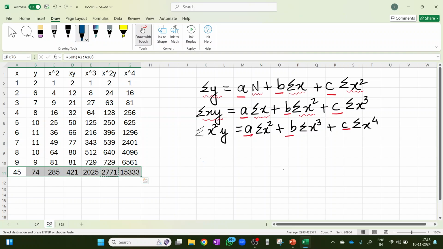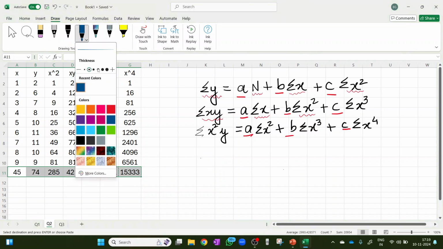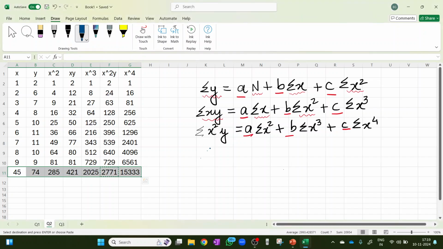Okay. So let's substitute the values in the first equation. That's summation y. Summation y would be 74. Okay. So 74 equals a into n, that's going to be 9a, 45b, and 285c.